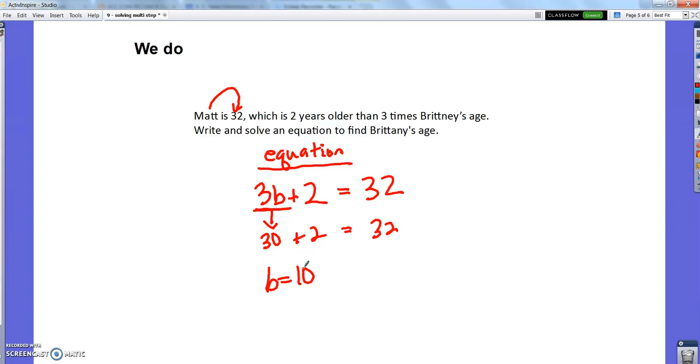Just common sense for me. And so I wrote the equation, and then I used common sense to figure out what the variable had to be. That won't work every time, but in lots of equations, if you just stop and use some common sense, you can figure out the variable and find your solution. So Brittany is 10.